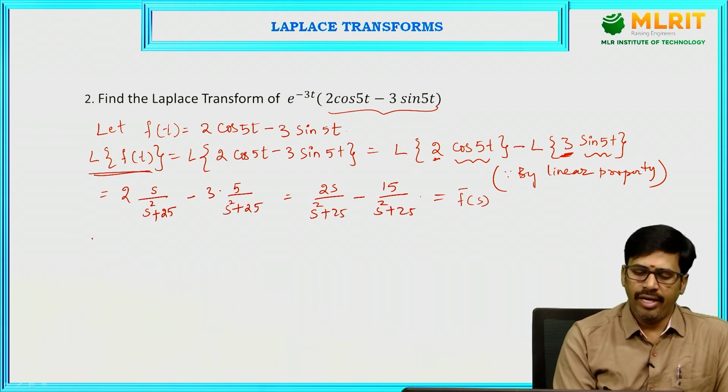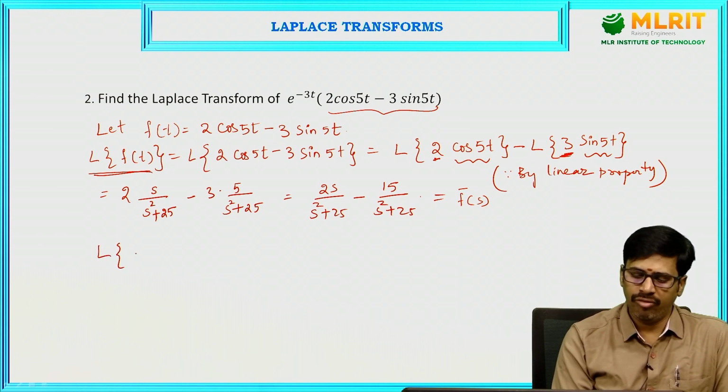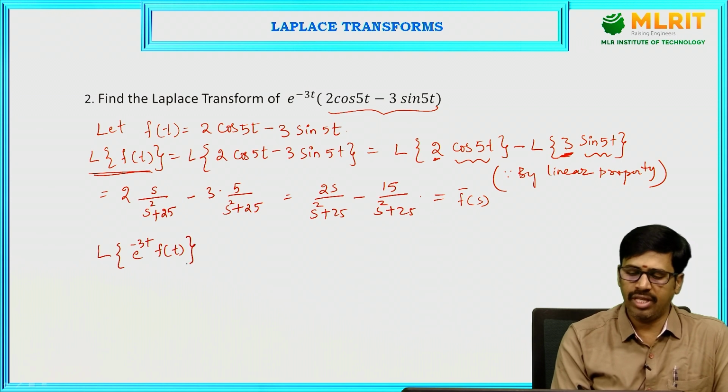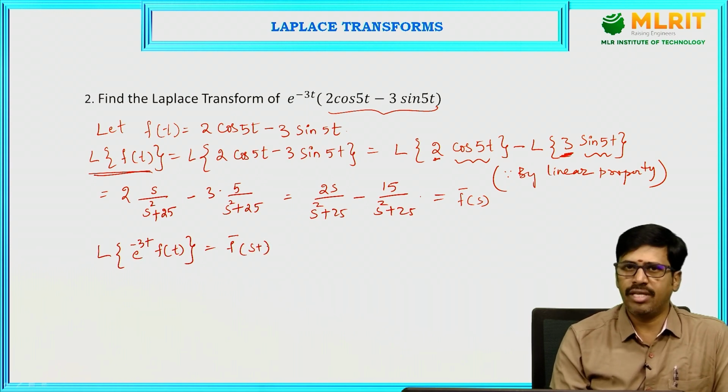Now, let us find the Laplace transform of e power minus 3t multiplied with f of t. By the first shifting theorem, whatever s is there, you replace s with s plus a in f bar of s. A means what here? 3. So, just replace s with s plus 3.